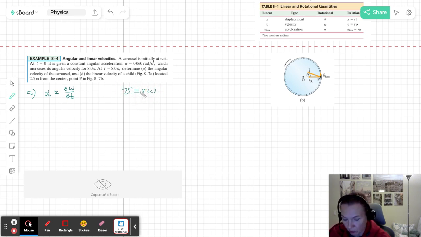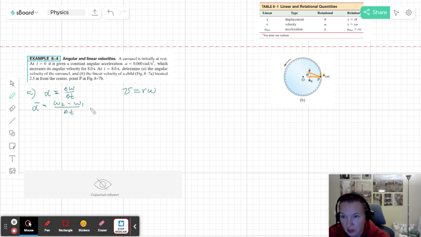So that is our logic here. In equation 3, the average acceleration is delta omega over delta t, or omega 2 minus omega 1 over delta t.